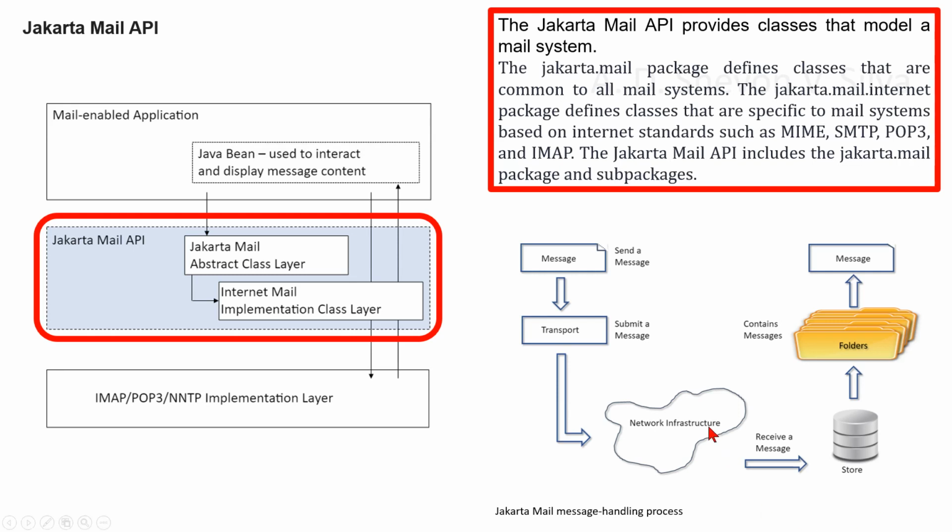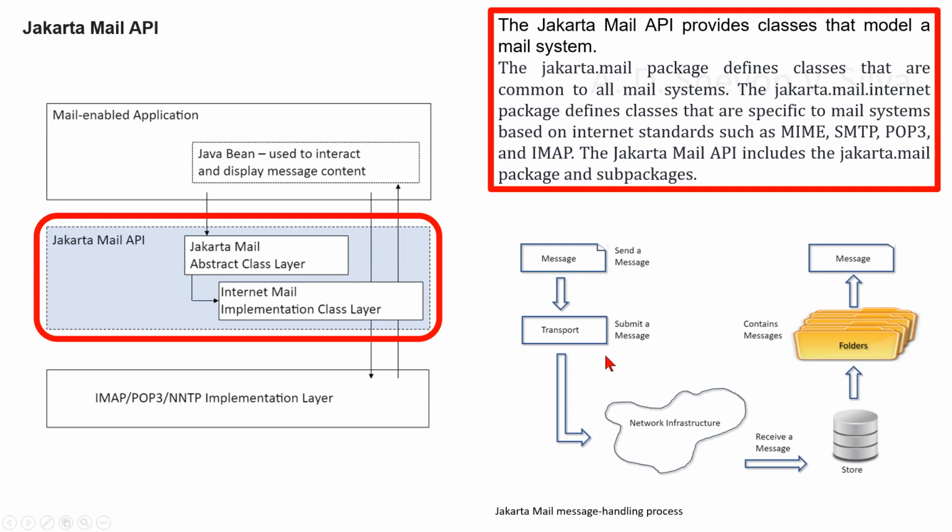Message composition and transport. A client creates a new message by instantiating an appropriate message subclass. It sets attributes like the recipient address and the subject and inserts a content into the message object. Finally, it sends the message by invoking the Transport.send method.